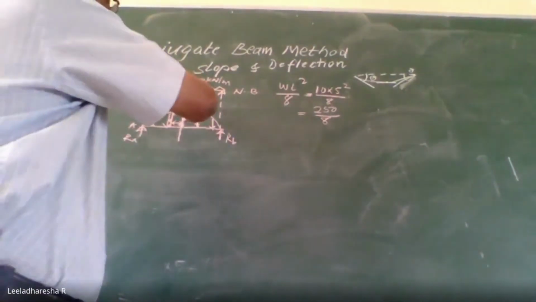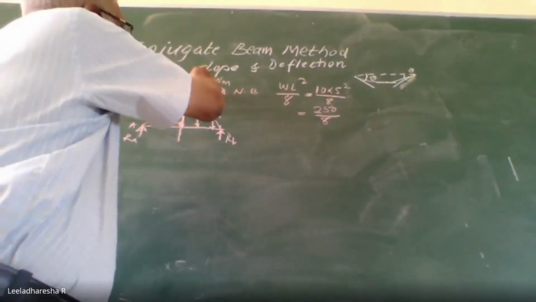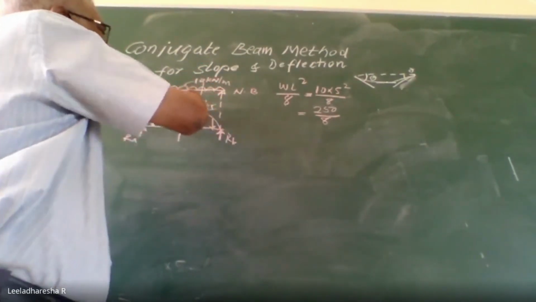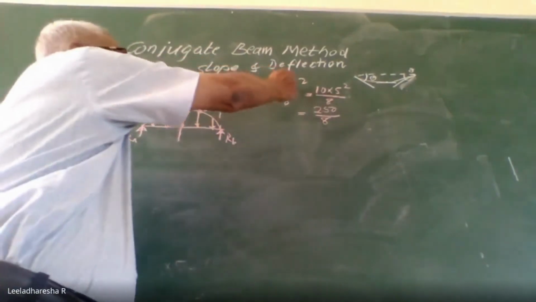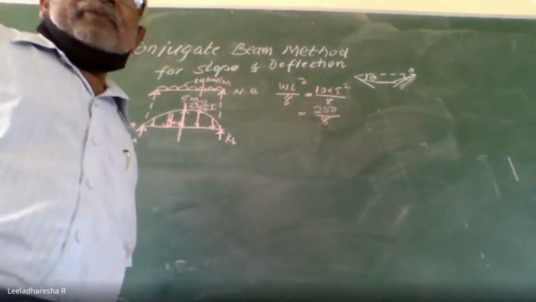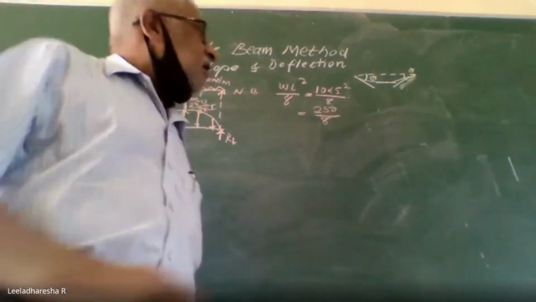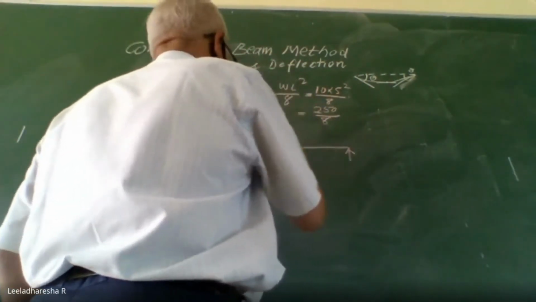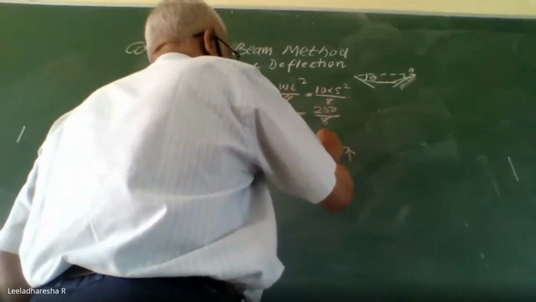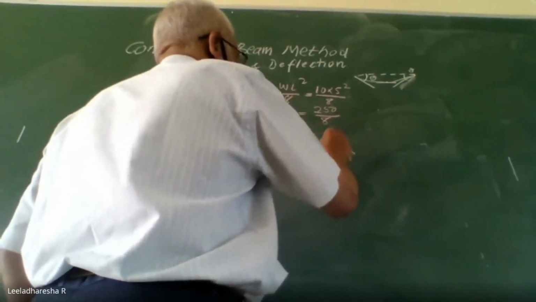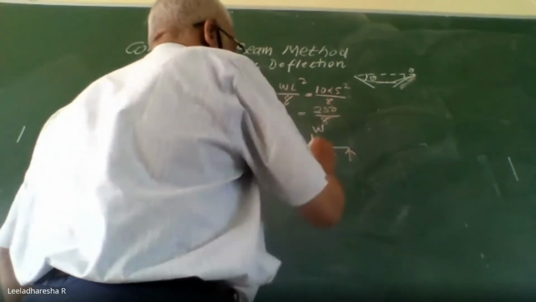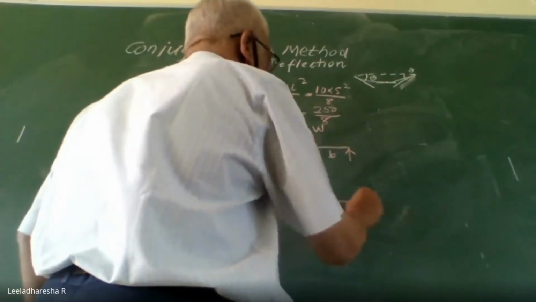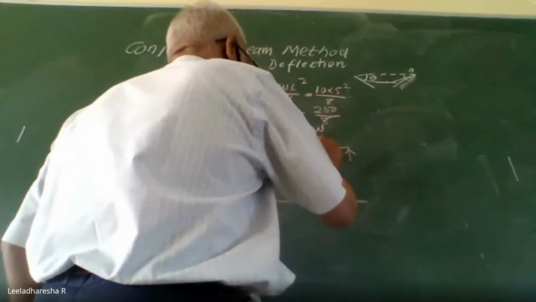Some very basic things you should remember. What is the bending moment under a UDL? It is a parabolic curve with maximum ordinate WL squared by 8. Then similarly, if a beam AB is given, and the load is eccentric, what is the maximum bending moment? In this case, the maximum bending moment occurs under the load.